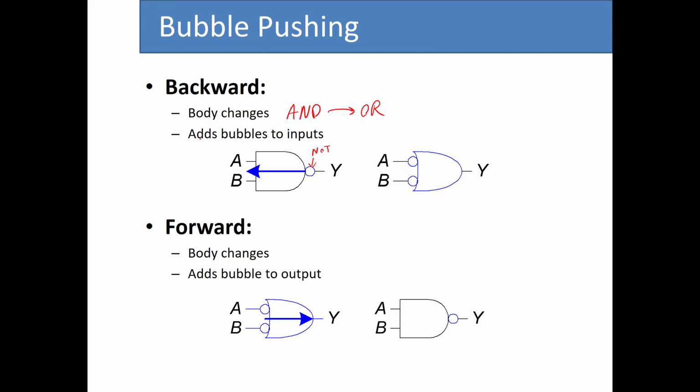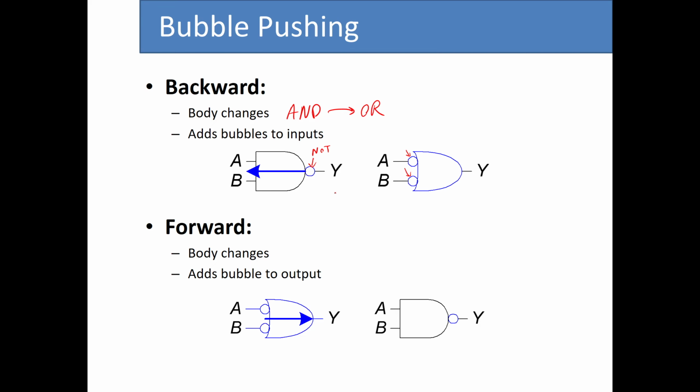And then we have bubbles at the inputs. As you can see, we had one bubble at the output of this AND gate. We pushed it through. The gate has changed from an AND gate to an OR gate, and now we have two bubbles at the inputs. So this is what is called the backward bubble pushing.